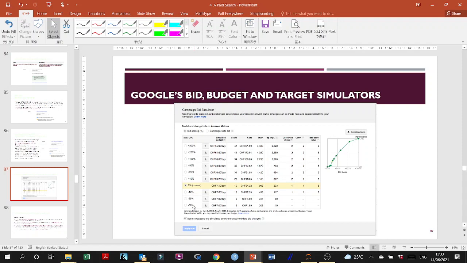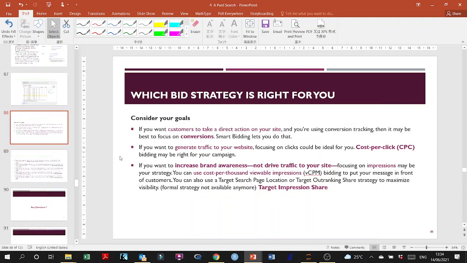It is quite interesting because it helps you find out and set up your campaign budgets accordingly, and it shows you visually how this works. All right, let's just see what else we can cover here.